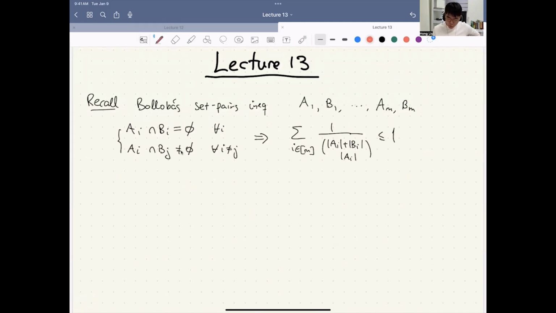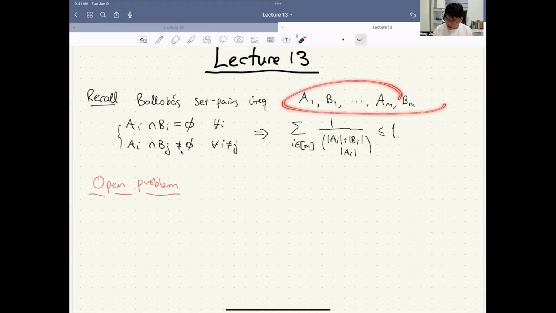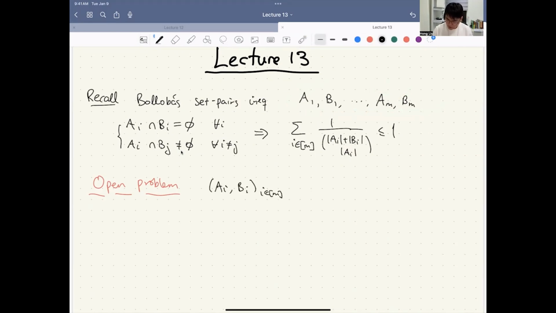conclude for now the Bollobás set pair inequality, let me mention an open problem. So here an open problem. Let's do a definition. We say a system of pairs of sets like this, Ai, Bi, a pair of sets, is an intersecting set pairs.